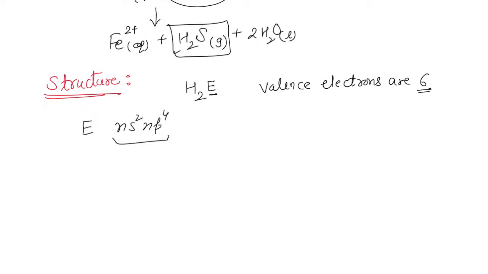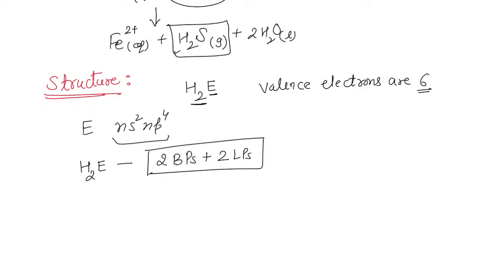So 2 electrons are used in bonding, and the remaining are 4. So in H2E there are 2 bond pairs and 2 lone pairs. The total number of pairs surrounding the central atom is 4, and the arrangement is tetrahedral.